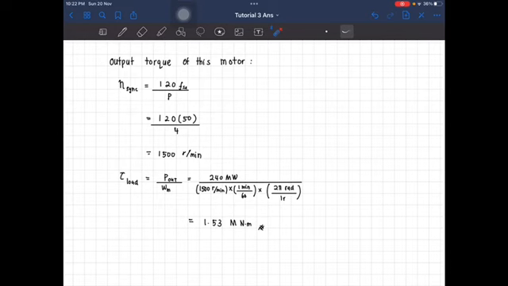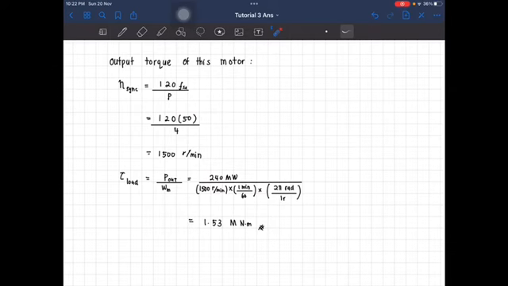So we want to find output torque of this motor, using the formula of speed of rotation of this motor. So 120 times 50 over 4. So the answer is 1500 rpm.